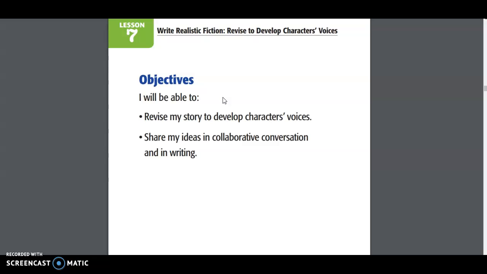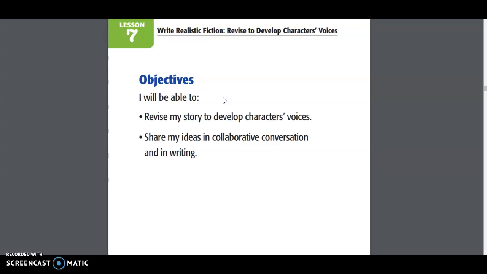That comes through what they're saying and how they're saying it. When you add those interjections in, like we've talked about, that shows how they're saying it, the tone they're using. Are they excited or are they frustrated? That also shows us their personality. So we have to make sure that the dialogue and how your characters are talking matches the personality that you originally wrote in your planning guide.